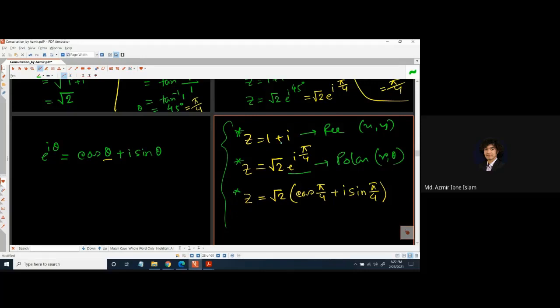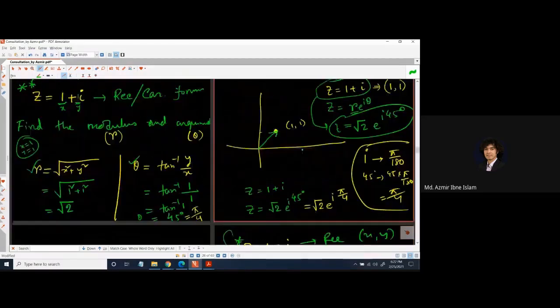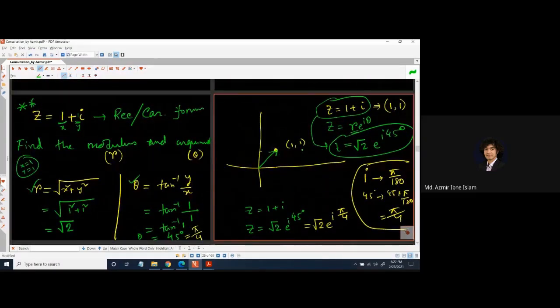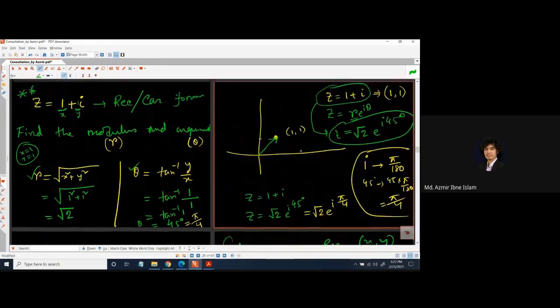Now I would like to suggest that we can easily compute r and theta from these two formulas. But besides having these formulas in our mind, we have to draw, or we have to know, the location of the given point, because location of a complex number is very important in this course.